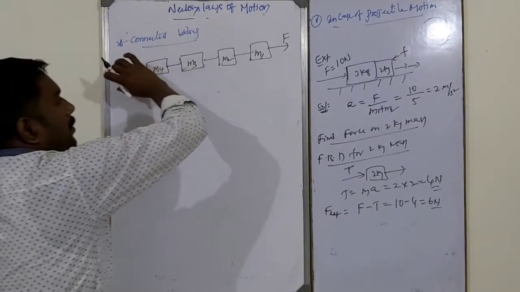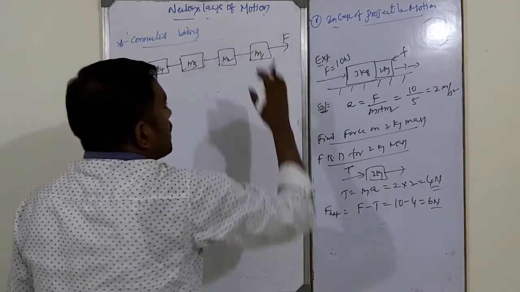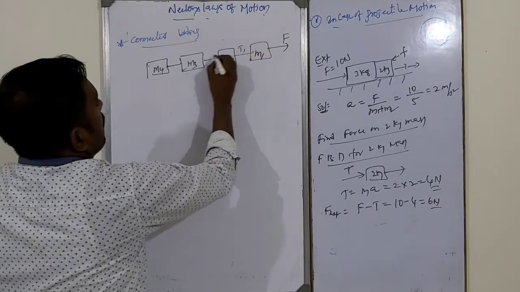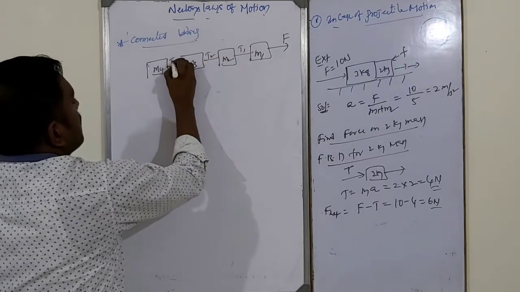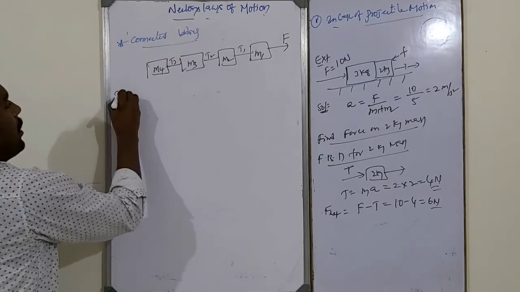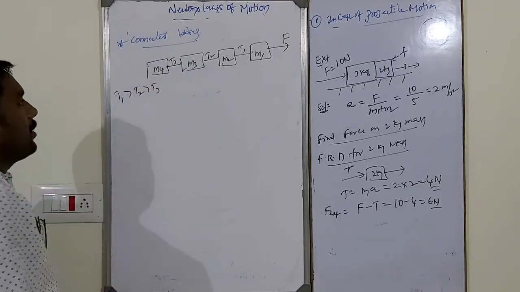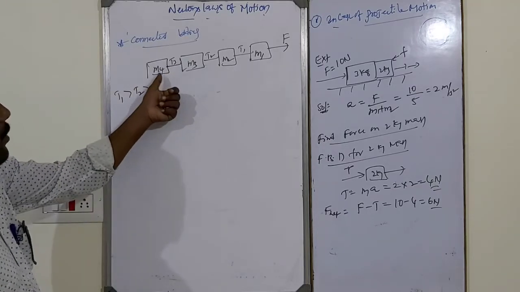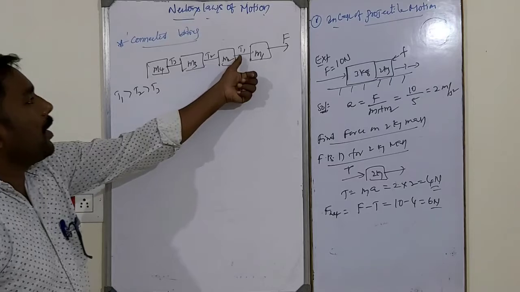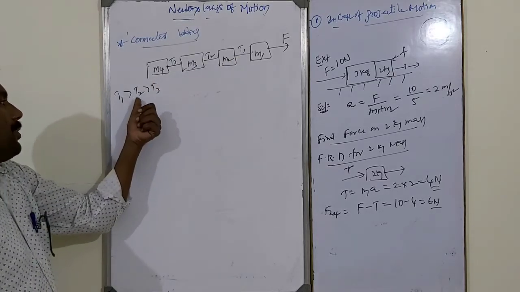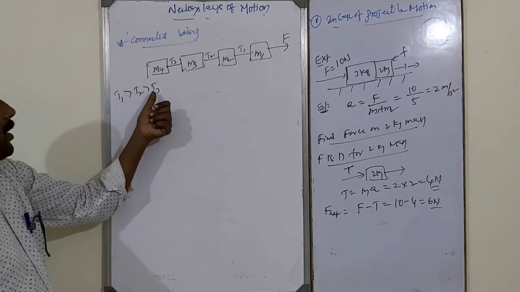The system will be displaced by the application of force. This is the tension T1, this is tension T2, this is tension T3. Which is more? T1 is greater than T2, and T2 is greater than T3. So, because T3 pulls only this body, while T1 pulls the whole.